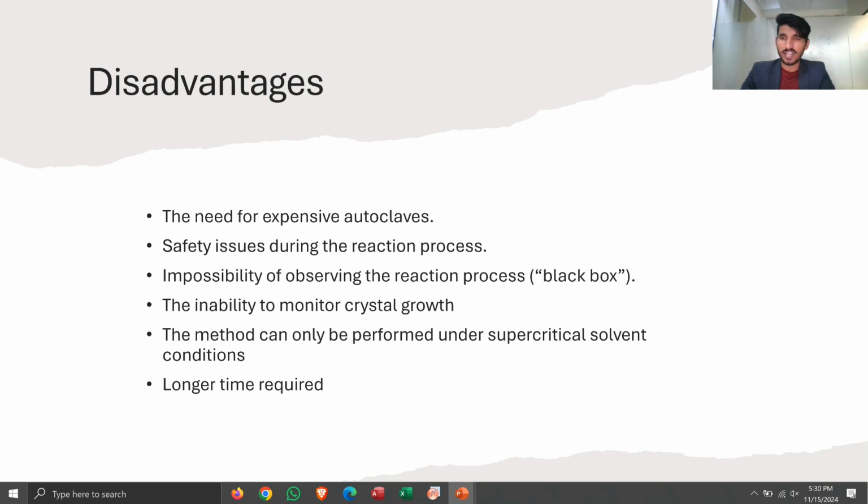For this hydrothermal process, a much longer time period is required for the formation of nanoparticles. Let's say for the formation of mixed metal oxide, you have to perform the hydrothermal synthesis for about 24 hours, or about 18 hours, and that is a hell of a time. That is a much longer time. So that is one of the disadvantages that you can see in the hydrothermal synthesis.